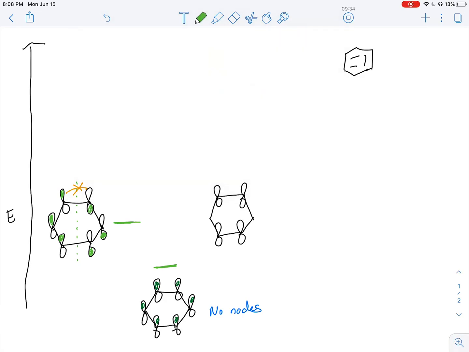So in this case, these overlap nicely, and these overlap nicely, but there is a node that goes right between the axis here, right? Right between the axis. And if a node means 0 electron density, and an orbital means a probability of finding electron density, well, then we wouldn't draw the orbitals there because the node is going right through them, right? So we wouldn't draw them.